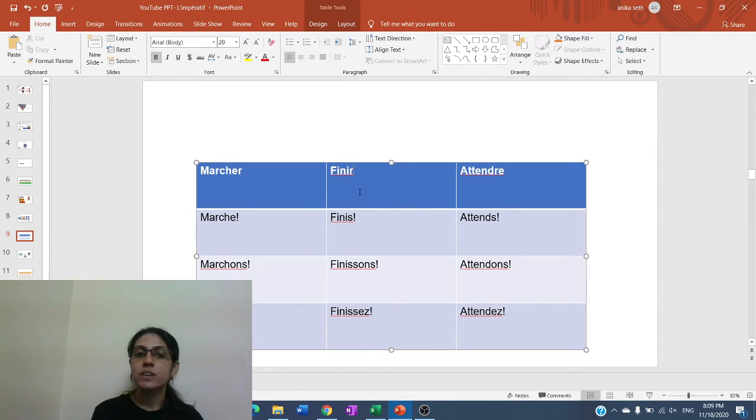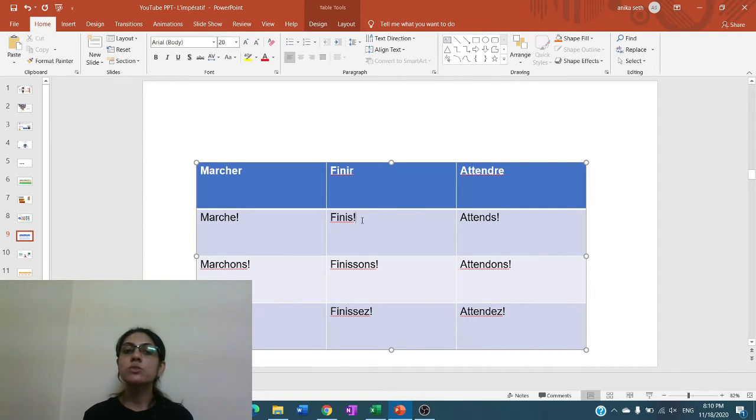Next we move to an IR verb, which is finir. For finir, the tu form of the conjugation is finis, F-I-N-I-S. Here, do not remove the S, because that rule is only applicable to ER verbs, not to IR, RE, or any other verb, only to ER verbs.